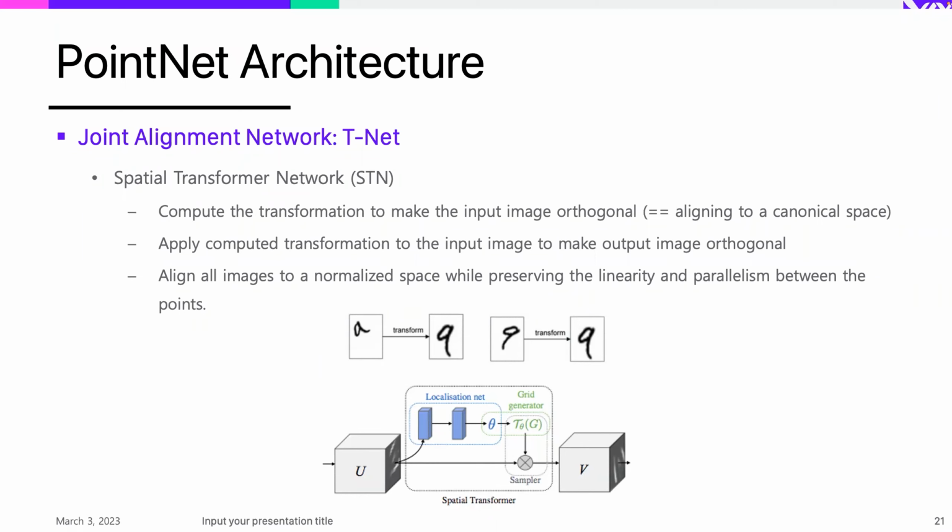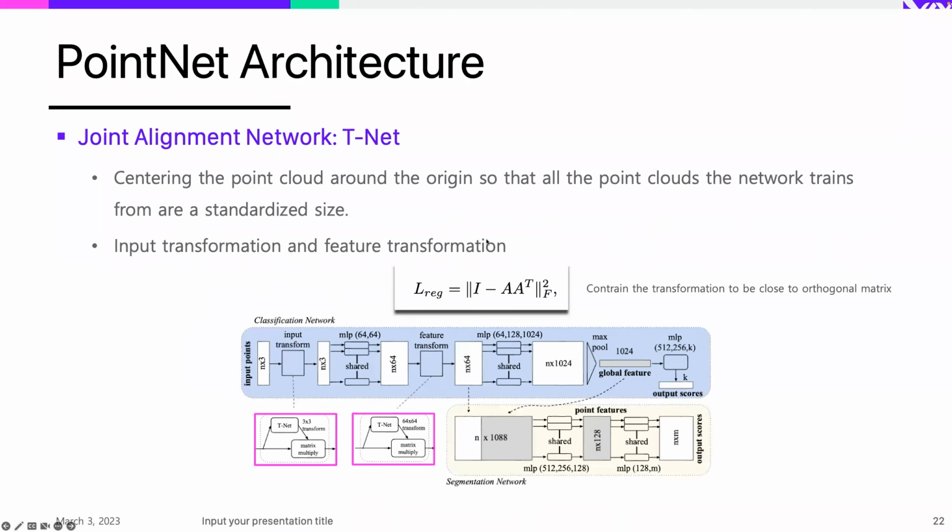Aligning to a canonical space is aligning all images to a normalized space while preserving linearity and parallelism between the points. Then STN applies the computed transformation to the input image to make the output image orthogonal.